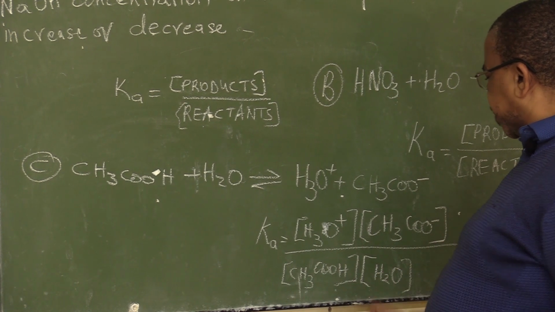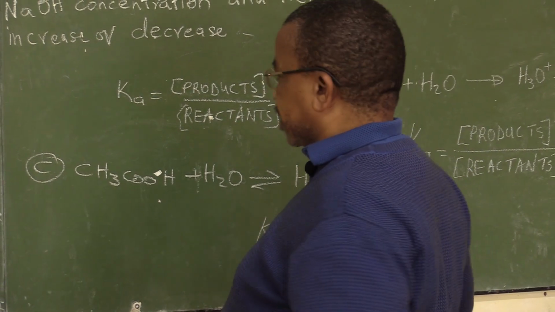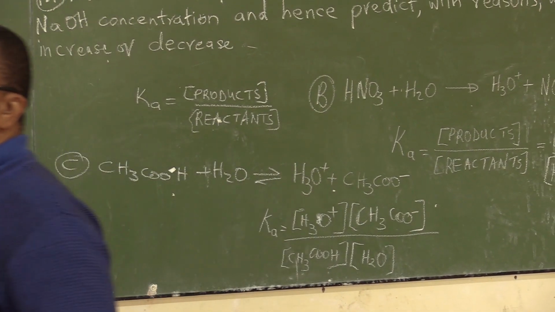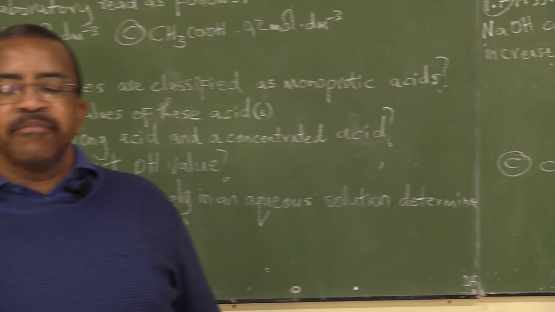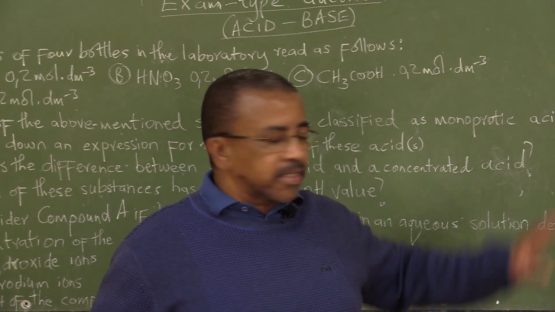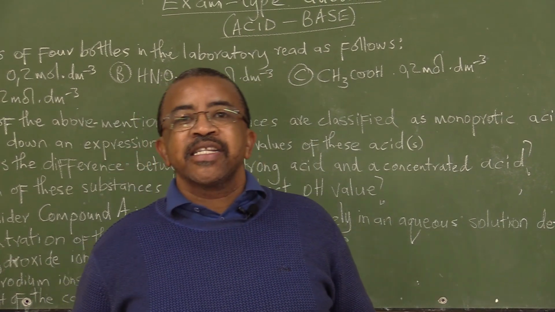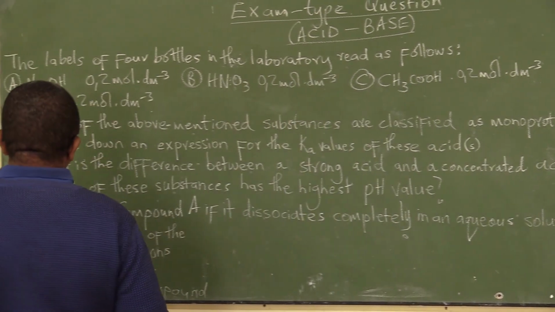We know the conditions for putting all these using the law of mass action. We'll come back to that as we do rates of reaction and chemical equilibrium. But this is how one should write the Ka value for 1.2.